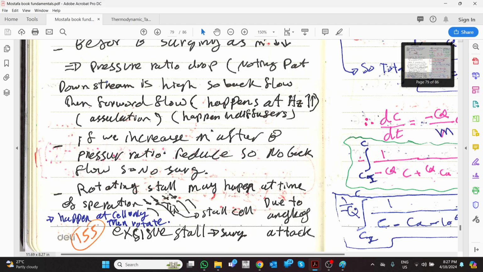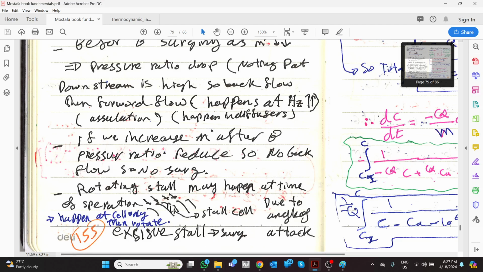Stall is a phenomenon which happens to a certain vane, not the full vanes, not everything. It can be for all vanes, and at that time the stall will be a surge.